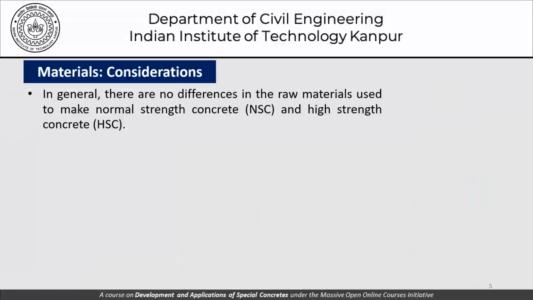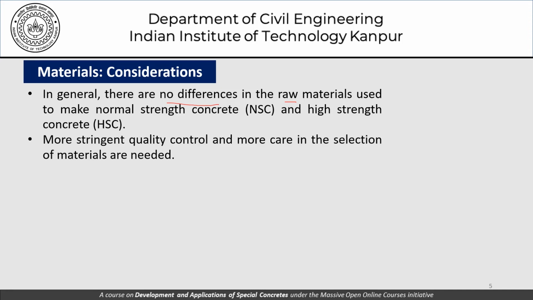Now, coming to the materials or the considerations that operate in our minds when we choose the materials for use in high strength concrete, there is no real difference between the raw materials used in normal strength concrete and the high strength concrete, except that more stringent quality control and greater care needs to be exercised in the selection of the materials.